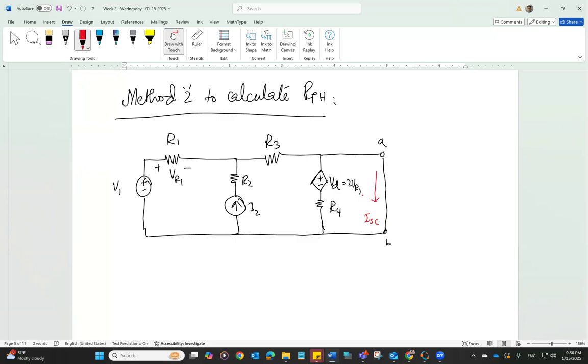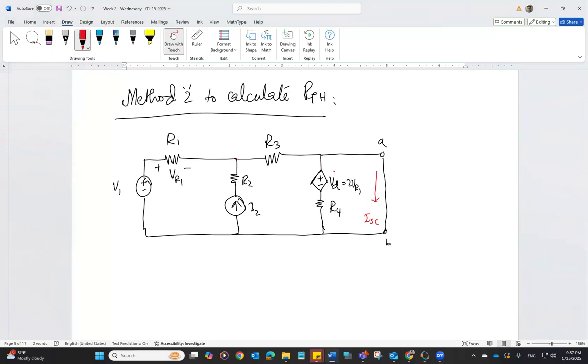You will have one equation for this node, which will have this node value and this node value. But when you implement KCL here, then you're going to have a third unknown variable, which will be ISC, because you cannot really write ISC in terms of Ohm's law. We don't know that, I mean, the resistance is zero, right? So KCL is not really going to work on this circuit.